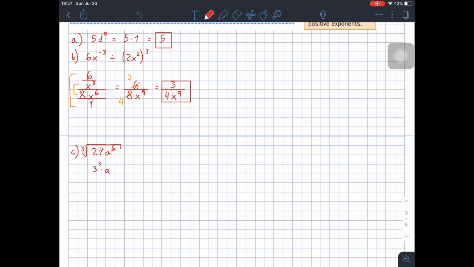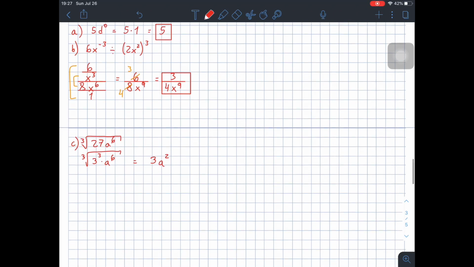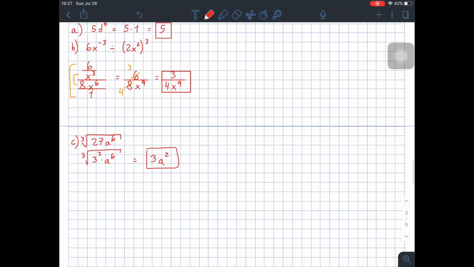Times a to the power of 6, and this is to the cubic root. So the cubic root of 3 cubed would be 3 directly. So this is 3. And a to the power of 6, the cubic root of that, remember we need to divide the exponents. So 6 divided by 3, that's 2. So this is 3a squared. And that will be the result for part C.